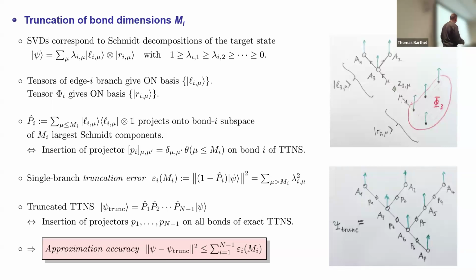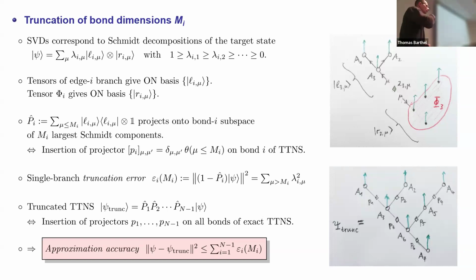So we want to insert these projection operators onto the maximum weight component on every edge of our tree-tensor network. The corresponding state is just a sequence of the corresponding projections. The order here is important because they don't commute. Then you can use a telescope sum to bound the approximation error of this totally projected, or totally truncated, state by the sum of the individual truncation errors.